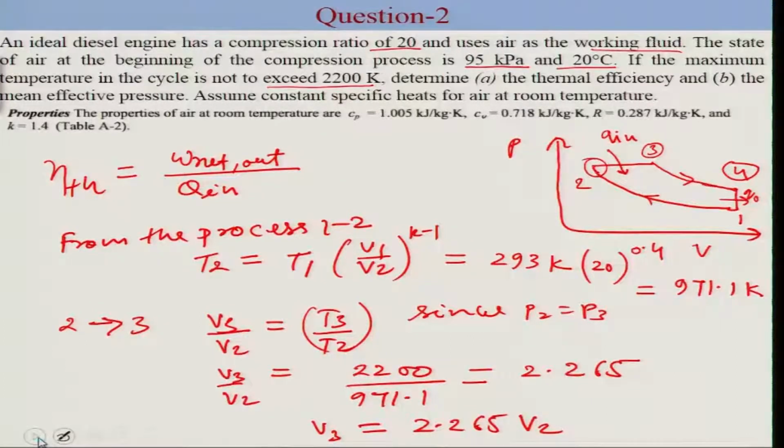So now at constant pressure, heat is going into the cycle, which is Q in equal to change in enthalpy, h3 minus h2, which, since this is a constant pressure process, will be equal to Cp times (T3 minus T2).